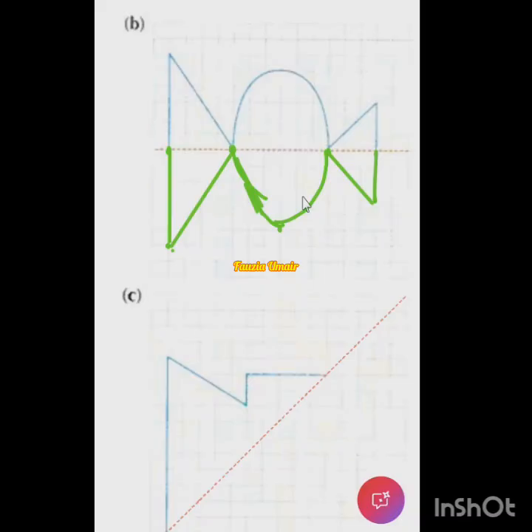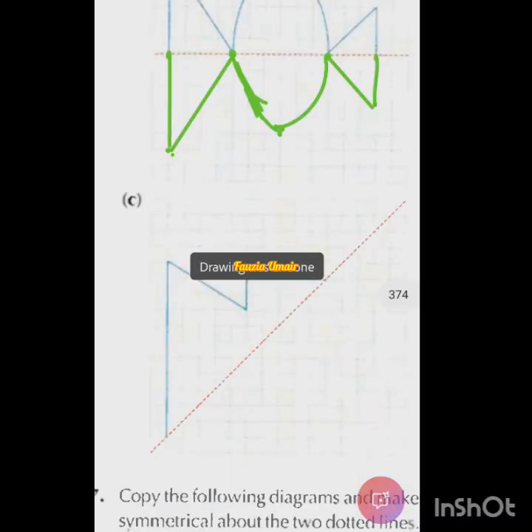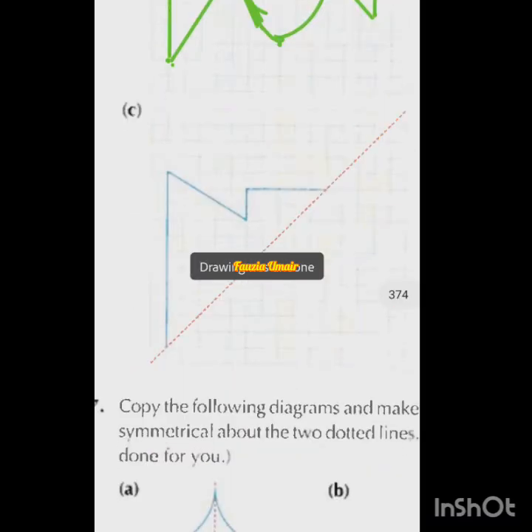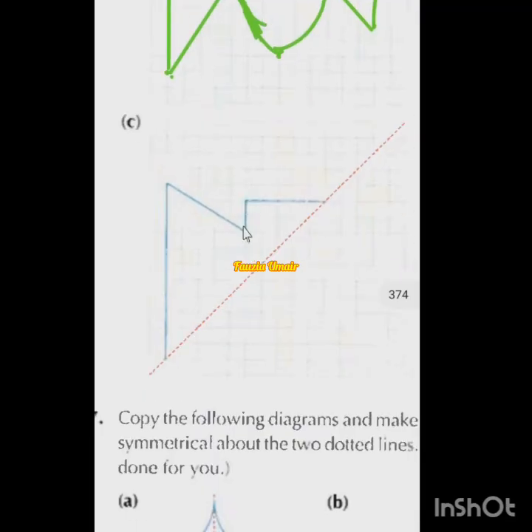So what about this one, when the line of symmetry is a diagonal line? So how to draw its reflective image? Ma'am, first we'll count how many blocks. So this time the line of symmetry is diagonal. So you need to see where this line will go. So you need to count squares like this.